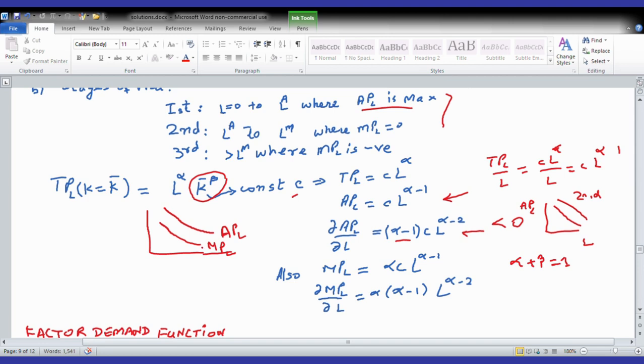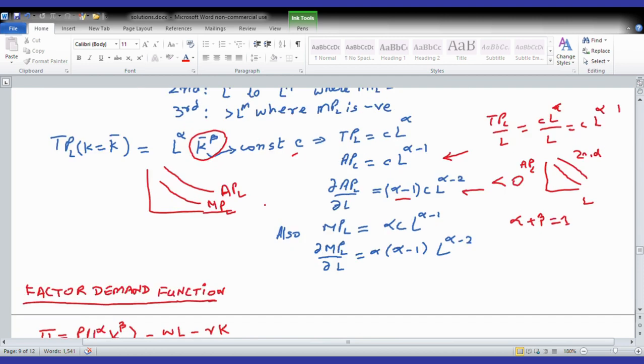Similarly, marginal product of labor will never become negative or equal to 0. So it is universally true for the Cobb-Douglas production function that for any employment it only exhibits diminishing marginal productivity as well as diminishing average productivity, which corresponds to the second stage of production.